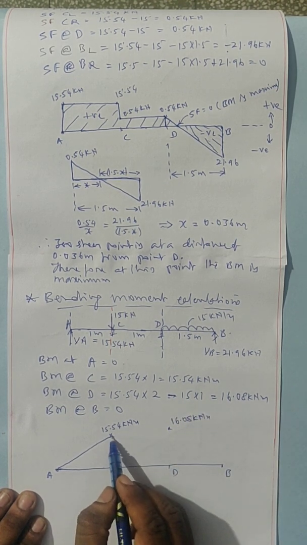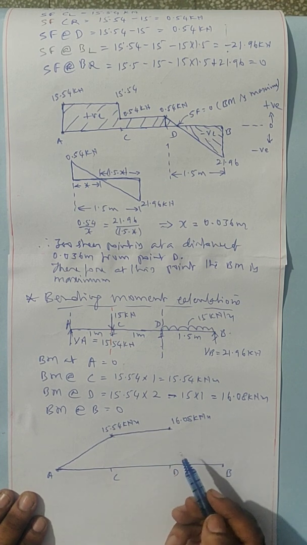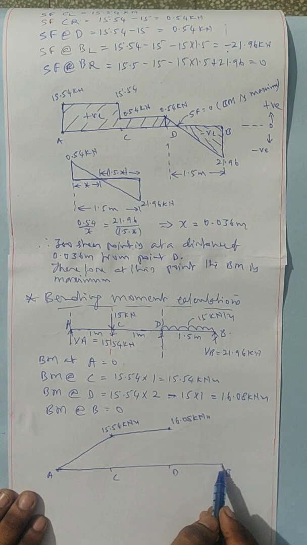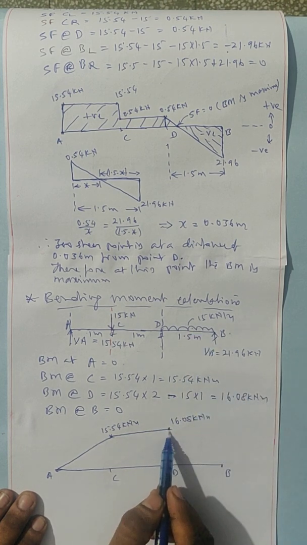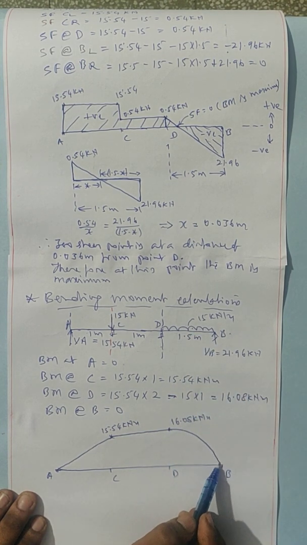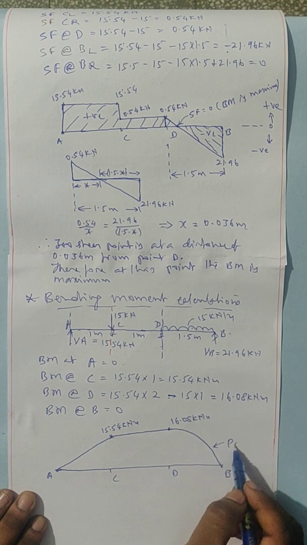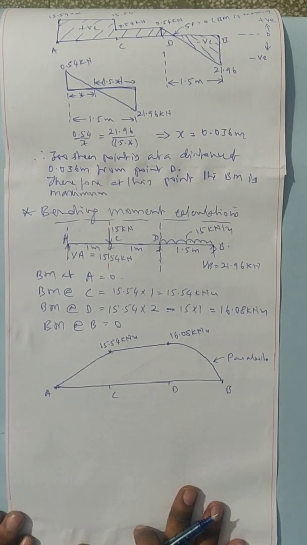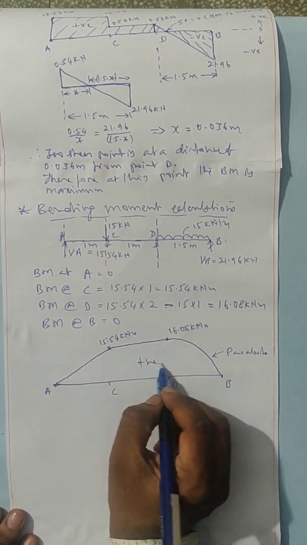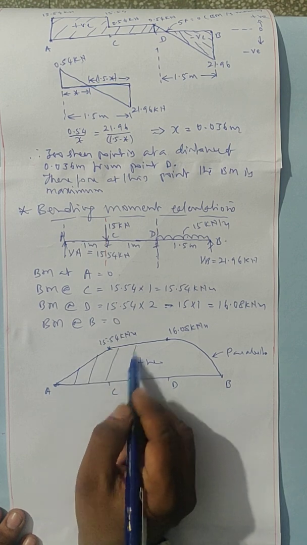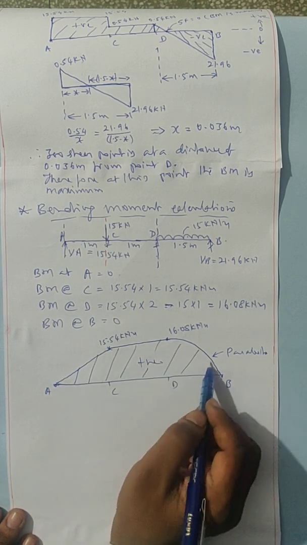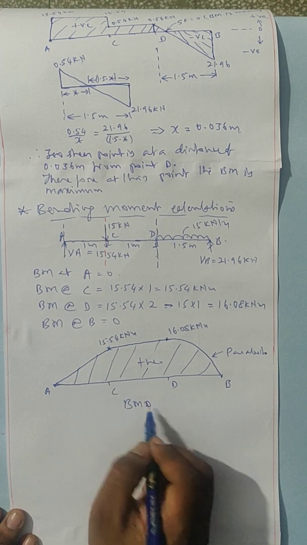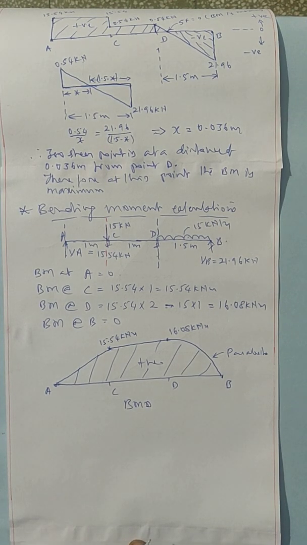So again it is an inclined straight line. Next, bending moment at B is 0, but here UDL is there, therefore the bending moment variation is parabolic. This bending moment is positive, above the reference line. It is called BMD.